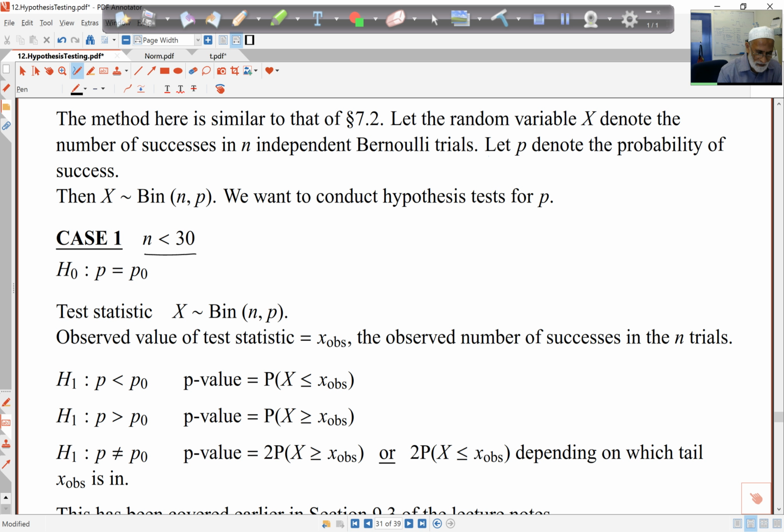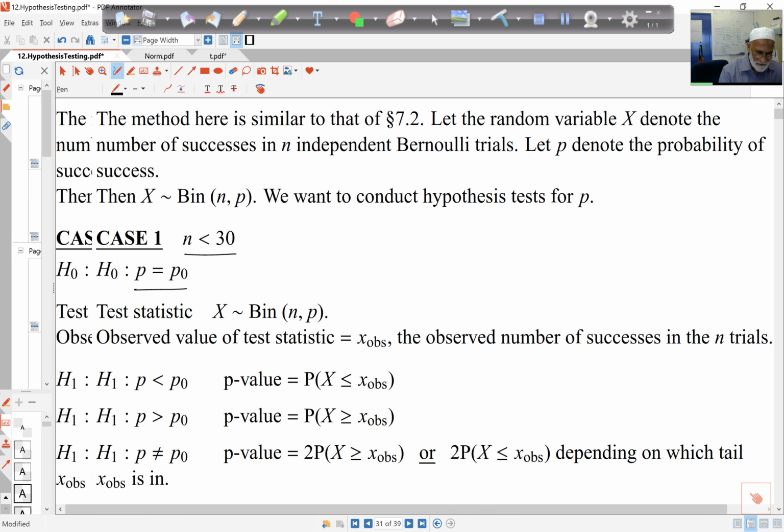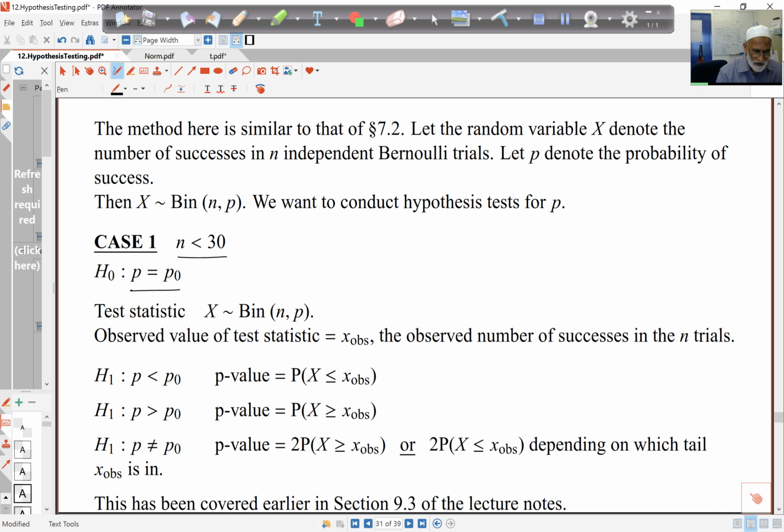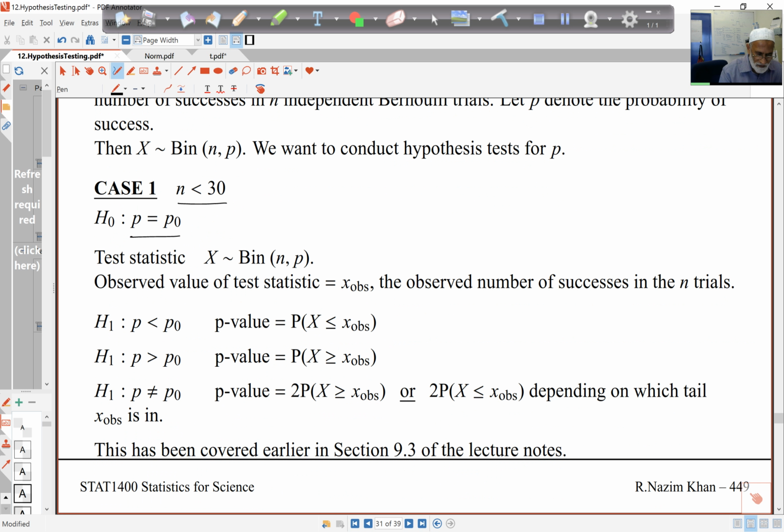So if you're looking at, say, a hypothesis to do with a one-sided test, P less than versus P equals, of course, P equals P naught is always the null hypothesis. For less than, we have a p-value that looks like this: x less than or equal to x observed. If we have n trials and we get x successes, then this is going to be a p-value.